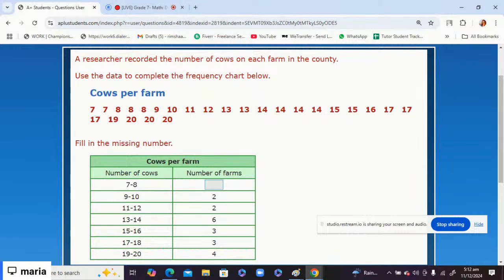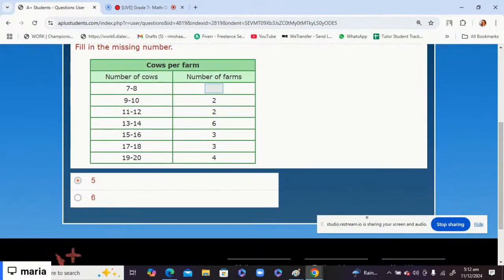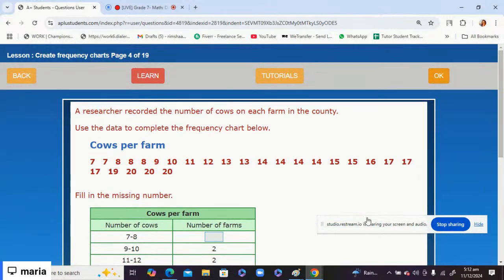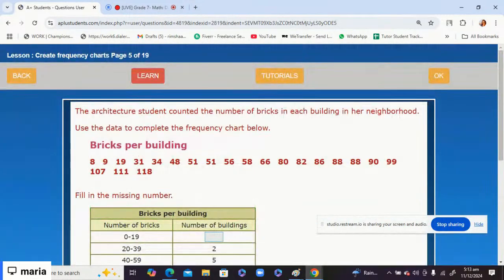We are going to find it out between 7 to 8. Okay. 7 to 8, it's 1, 2, 3, 4, 5. It's a 5. Yeah. When I counted, it's 5. Let's see this time whether the answer is right or wrong. It's right. Okay. Just count it.